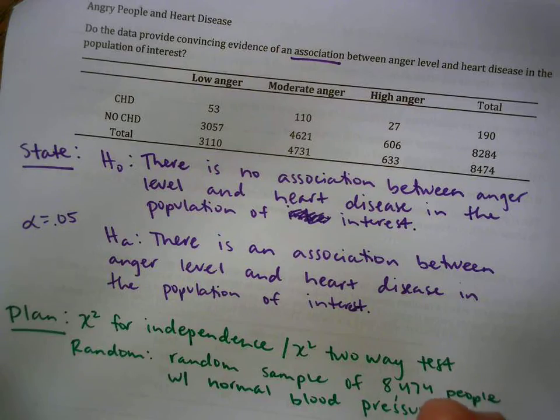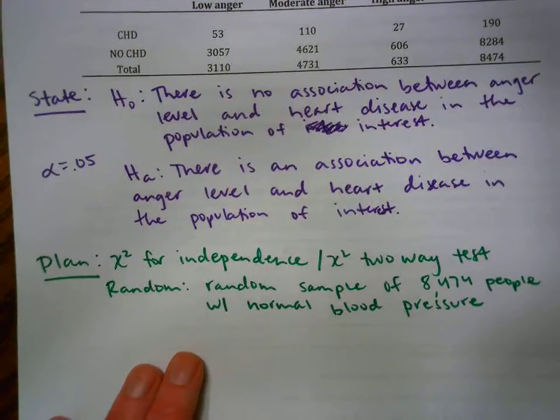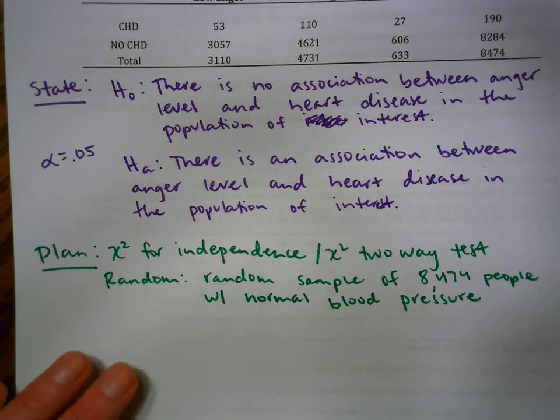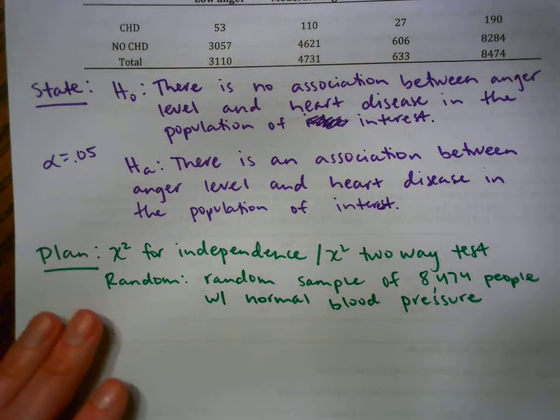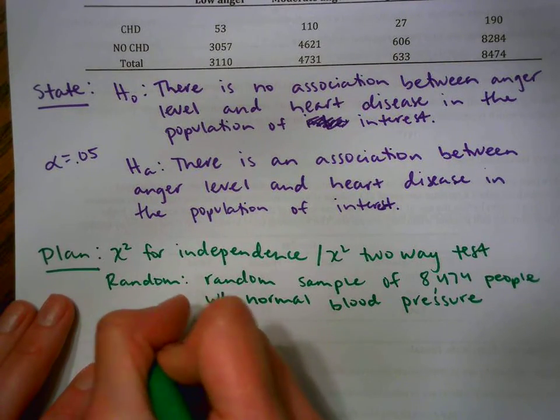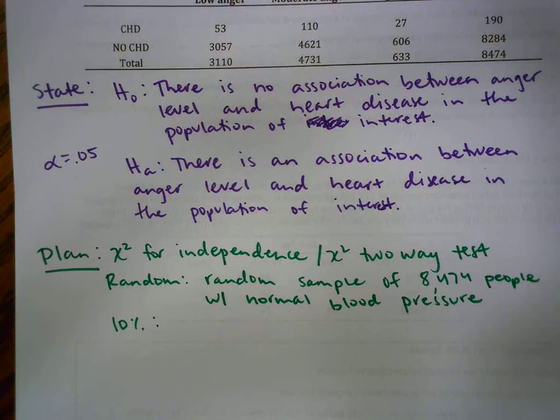Okay. Let's see how I'm doing. Yeah, I'm crooked. So then that means we need to check the 10% rule. Notice how it was a random sample, one sample. And so we need to assume at least ten times as many people in the population, which is just people with normal blood pressure. So we're pretty confident there's at least 84,740 people with normal blood pressure.